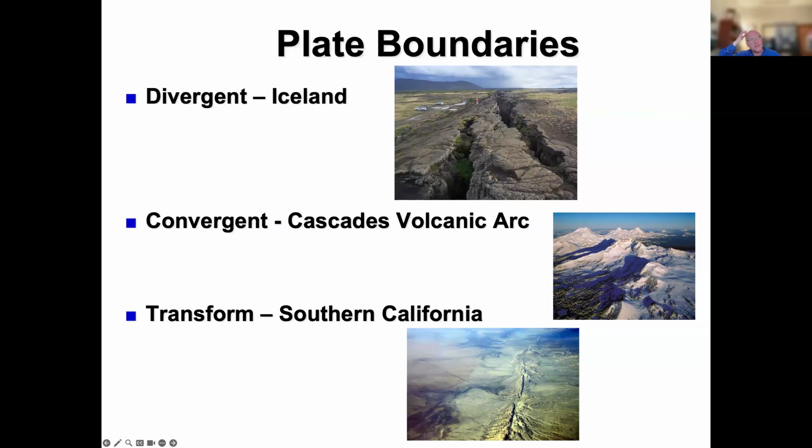A little harder to see, but the Cascade arc of volcanoes would be a classic example of a convergent boundary. The Andes would be another one. And transform, which I won't talk a whole lot about tonight, but the beautiful air photograph from a plane here shows the San Andreas Fault, which also happens to be a transform boundary in southern California.